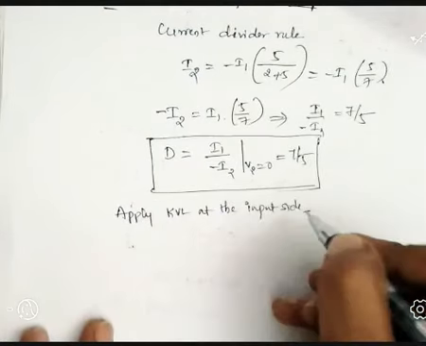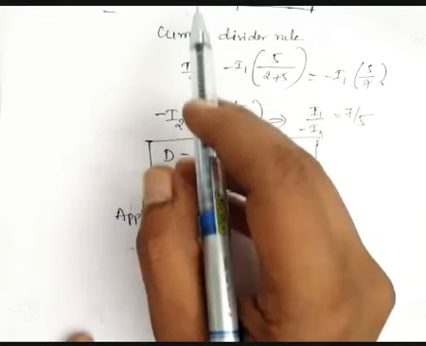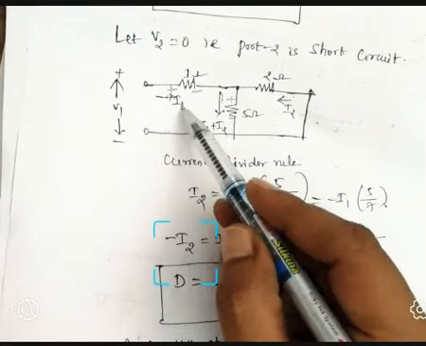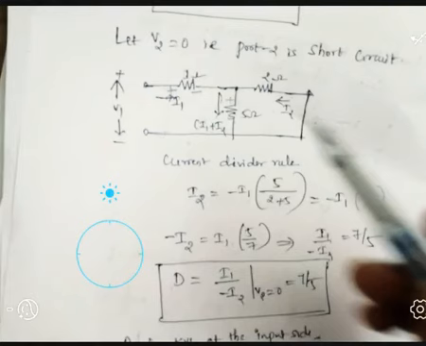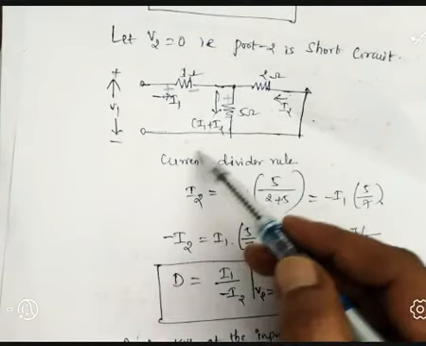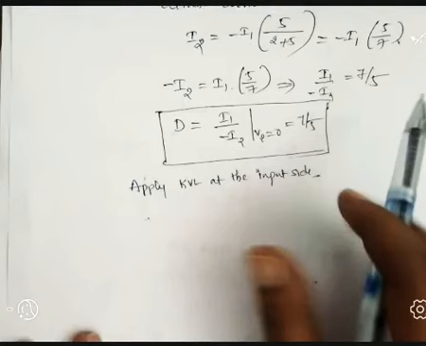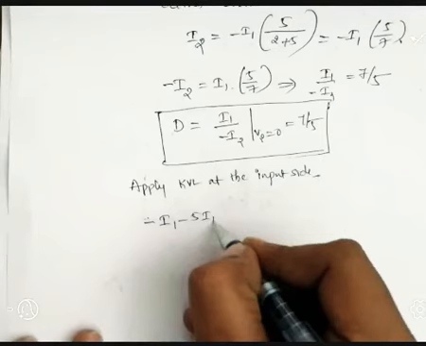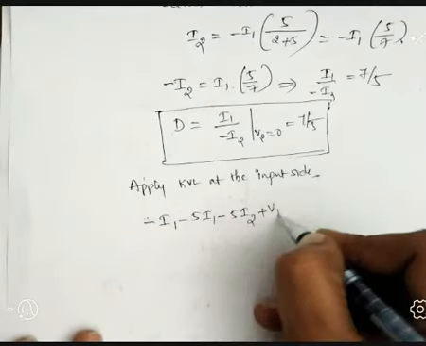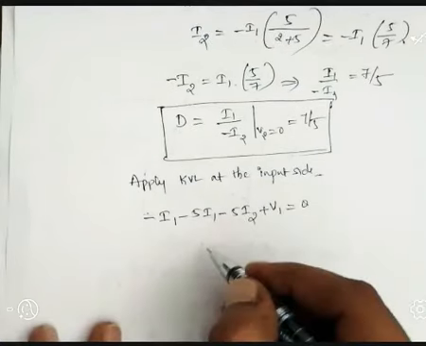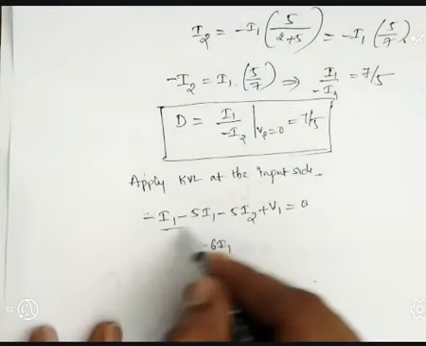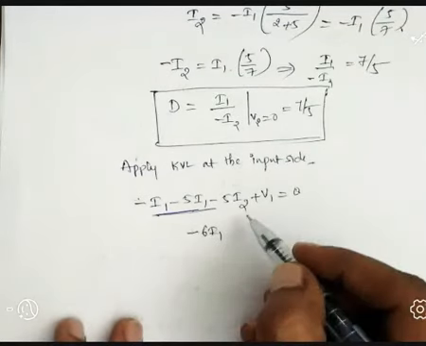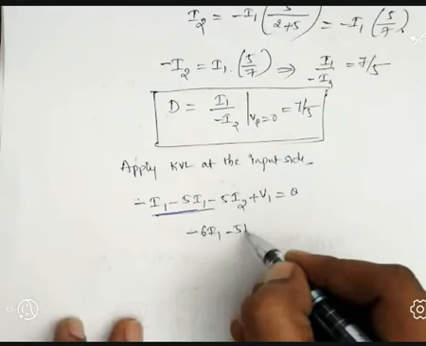First minus I1, minus I1. One more current is flowing, that is minus I2, and plus V1. Minus I1 minus 5I1 minus 5I2 plus V1 equal to 0. Rearrange the terms and do the simplification. Minus 6I1 minus 5I2 is equal to minus V1.